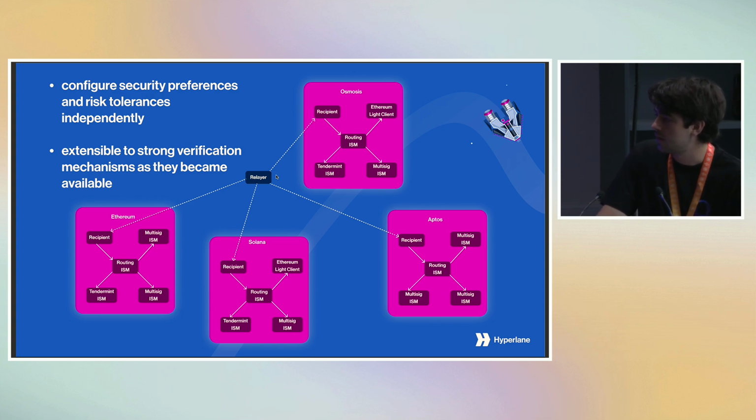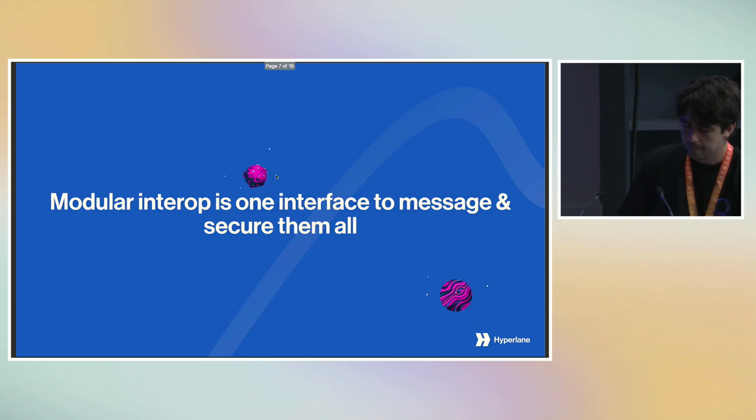And we provide some little Legos of how to create those, which is nice. And modular interop is the one interface to message and secure them all. Meaning we've made these really specific design decisions so that we have this single immutable protocol, and you can build all these cool things around it as crypto evolves.